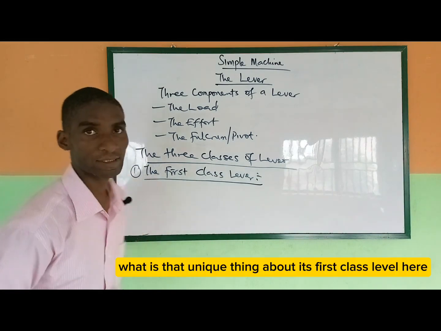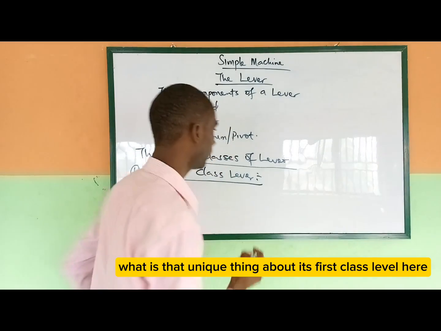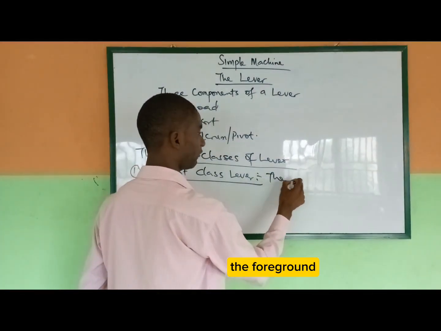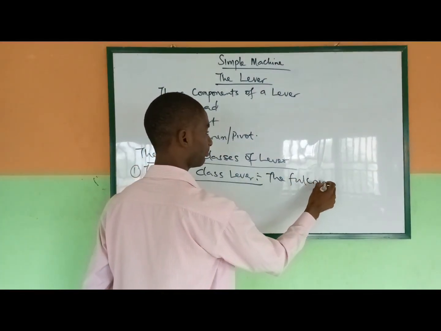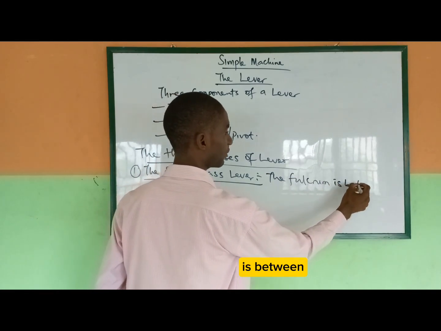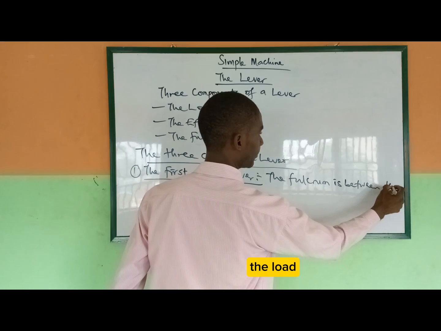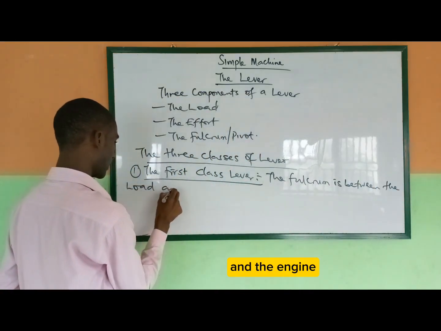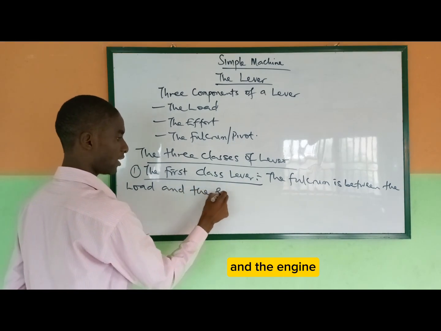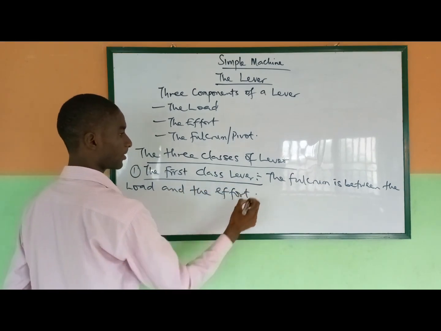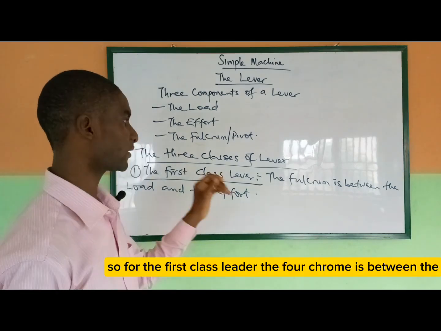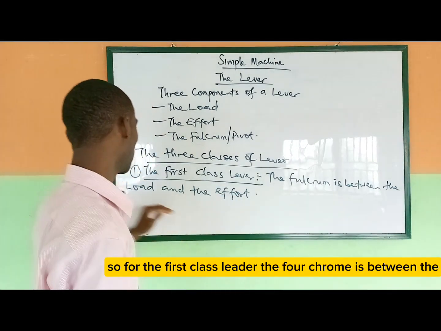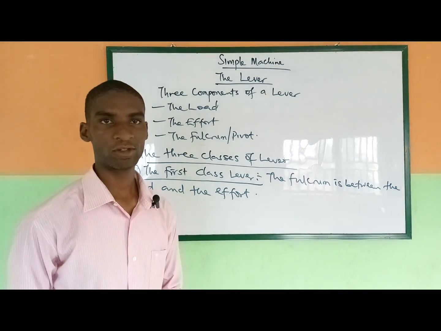Now what is that unique thing about this first class lever? Here, the fulcrum is between the load and the effort. So for the first class lever, the fulcrum is between the load and the effort.